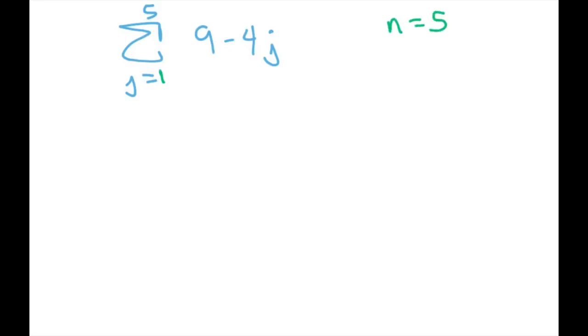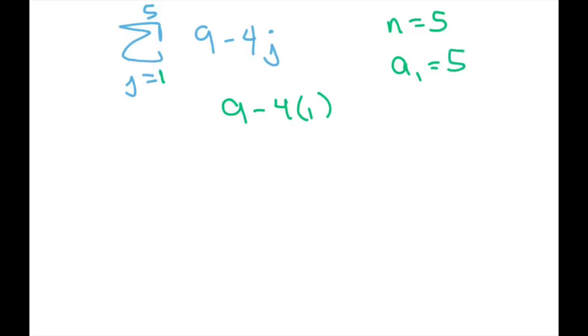And the last one we have is the sum of j equals 1 to 5 of 9 minus 4j. So your number of terms is 5, as you do 5 minus 1, then add 1. Your first term, just plug in 1 for j.